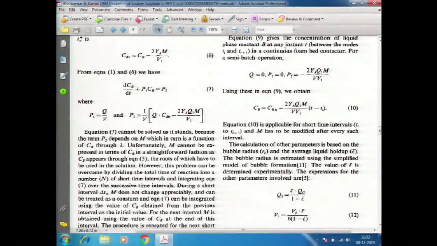So, ultimately you could write the solution like this: C_b equal to C_b0 minus 2 Y_A Q1 M upon V1 into t, if M, or lambda, could be regarded as constant throughout the reactor operation. But we have already admitted the possibility that lambda might change significantly, although for time t_c star lambda may still be reasonably constant.